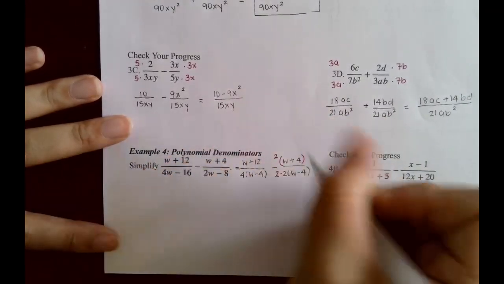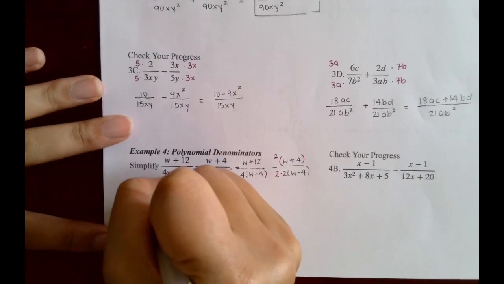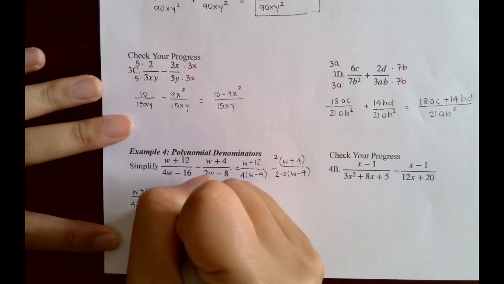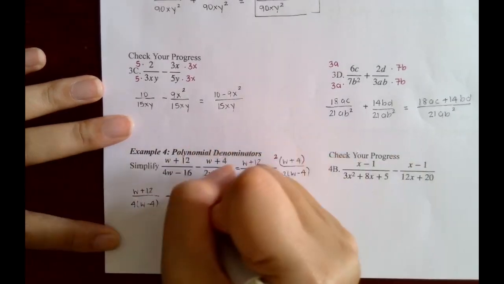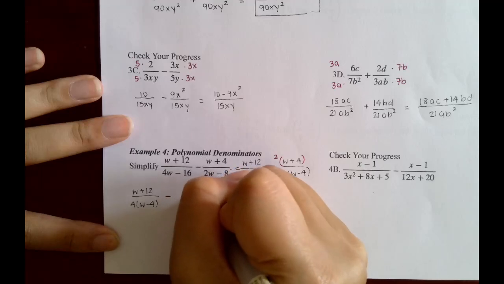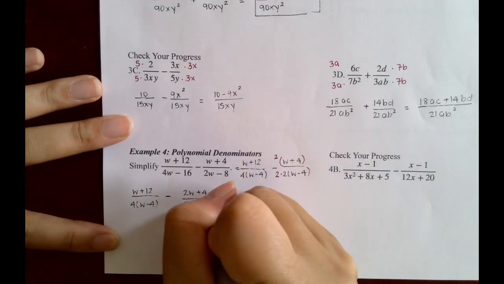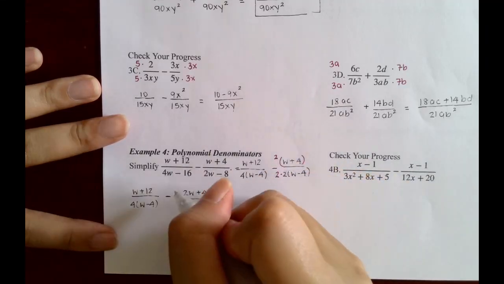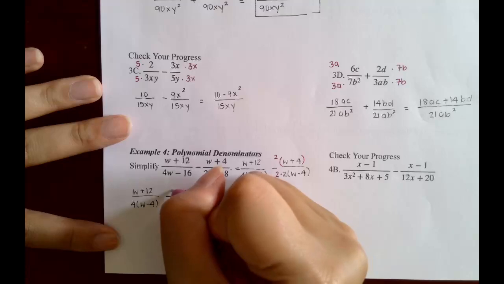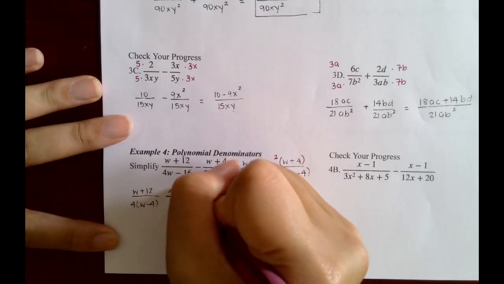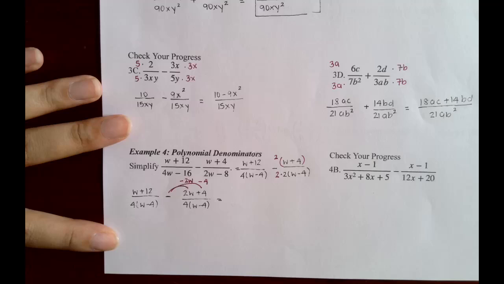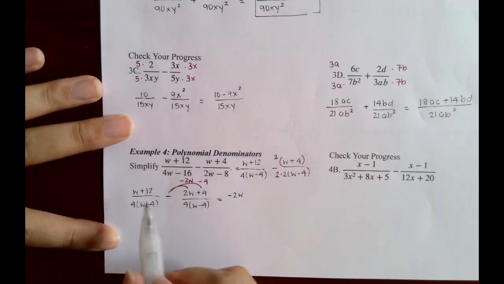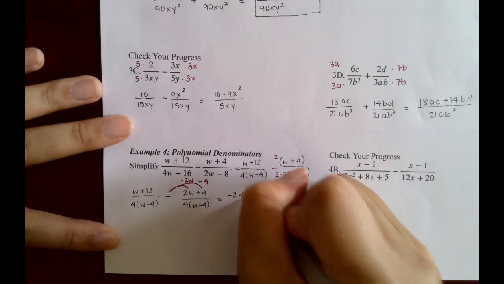Okay. And so what ends up happening is I have w plus 12 over 4w minus 4 minus, and I'm going to distribute this 2 now, 2w plus 4 over, now it's going to be 4w minus 4. Okay. So then really this negative becomes negative 2w minus 4. Right? So w minus 2w is negative 2w. 12 minus 4 is 8.